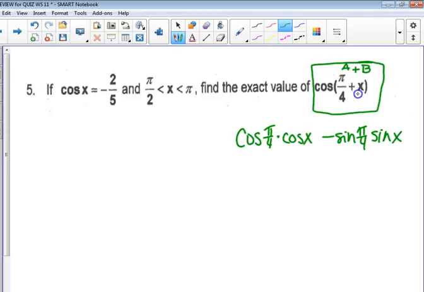So this is a sum relation, and it goes cosine, cosine minus sine, sine. All right. This is not something you can do on the calculator. This is going to be a messy radical answer. We can substitute cosine pi over 4, sine pi over 4 from our unit circle, right? But cosine of x and sine of x come from this happy little bubble over here.